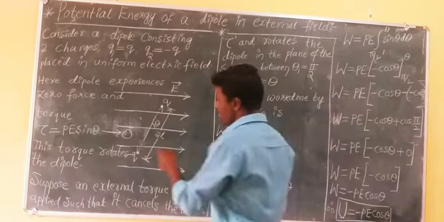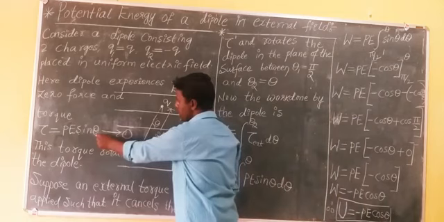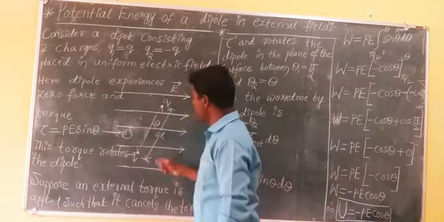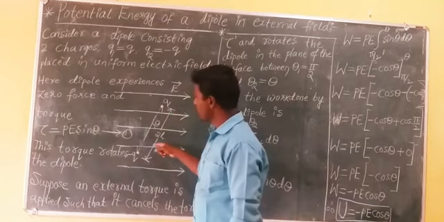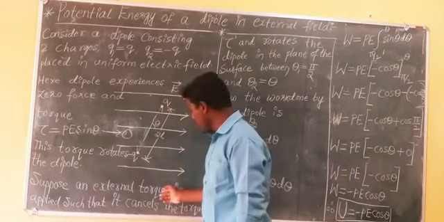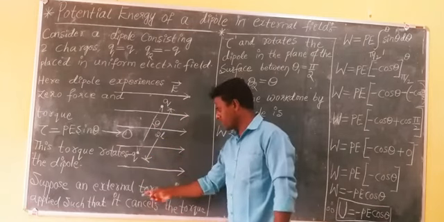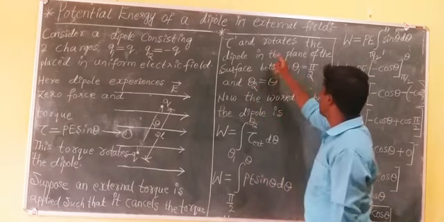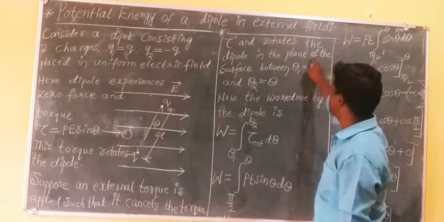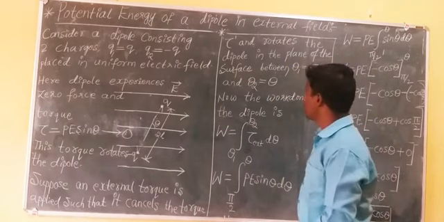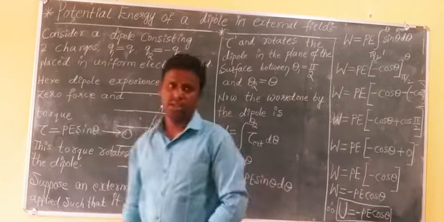That torque is given by tau equals PE sin theta, equation number 1, and it rotates the dipole in this electric field. Suppose an external torque is applied such that it cancels the torque and rotates the dipole between theta 1 equals pi by 2 and theta 2 equals theta.